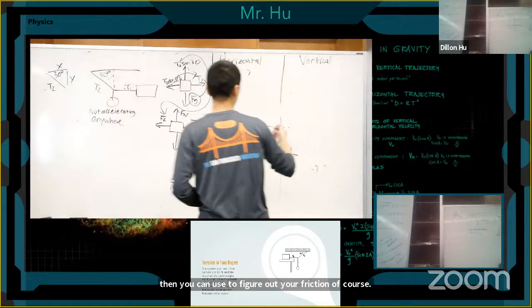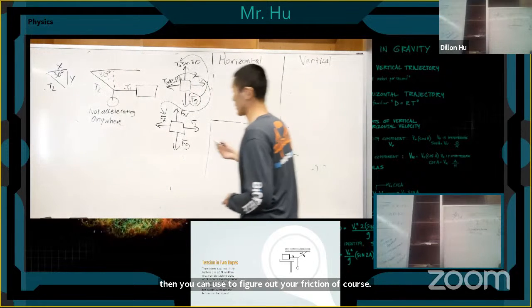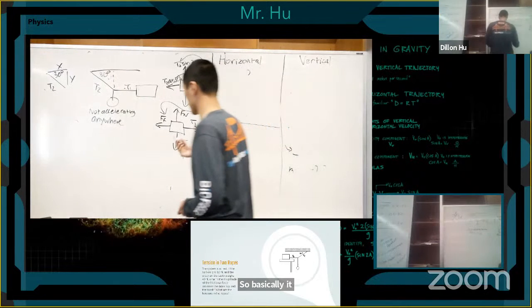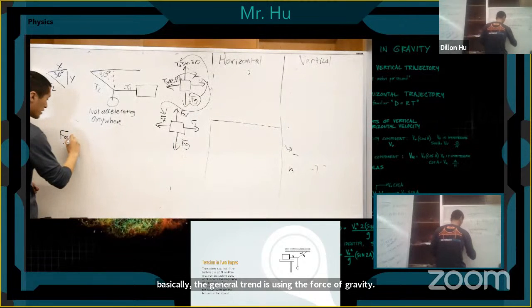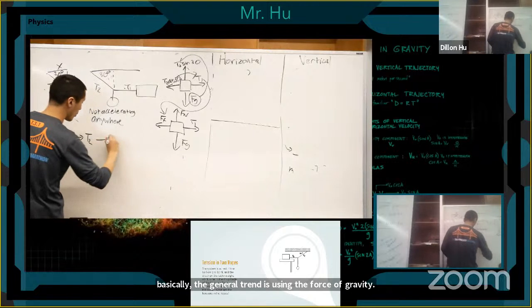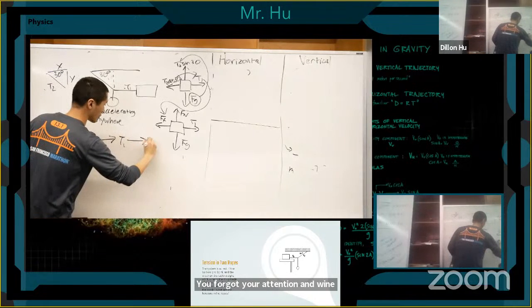So the general trend is, using the force of gravity, you figure out your tension 2, you figure out your tension 1, and then you figure out your force of friction.